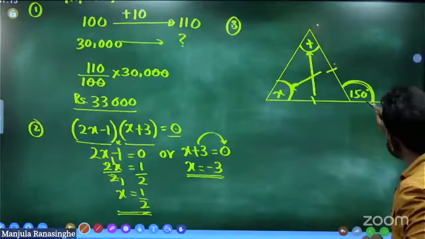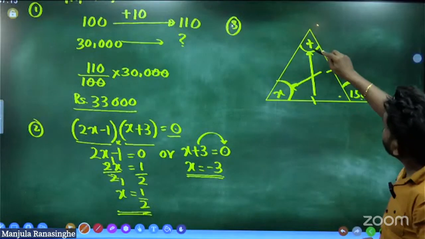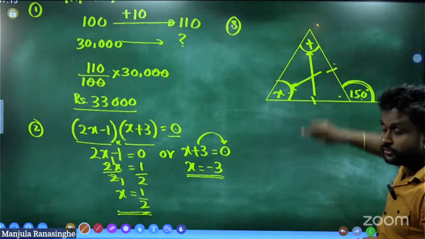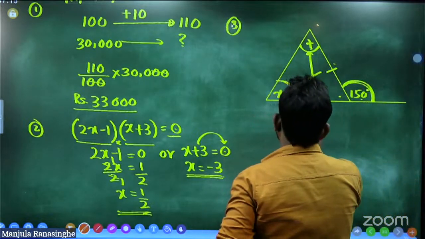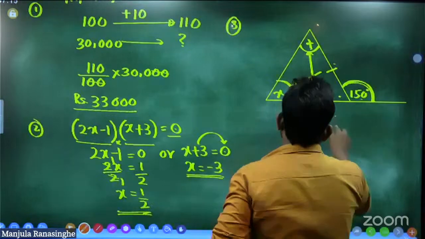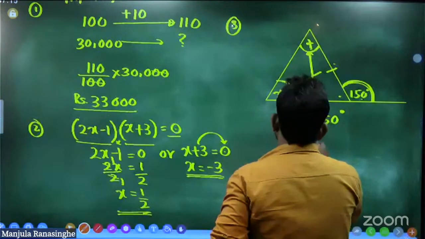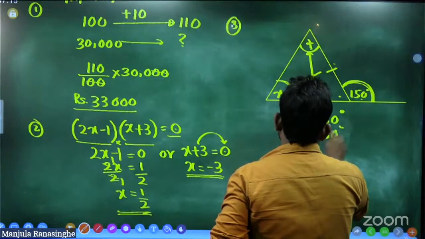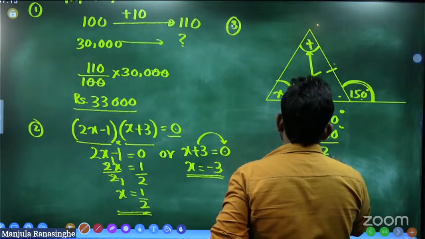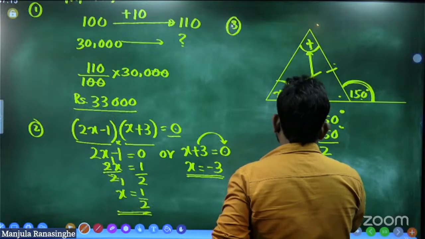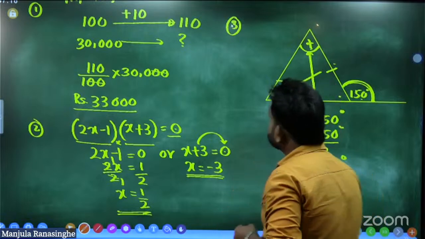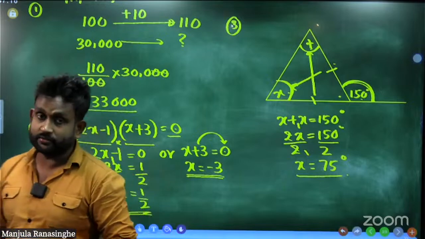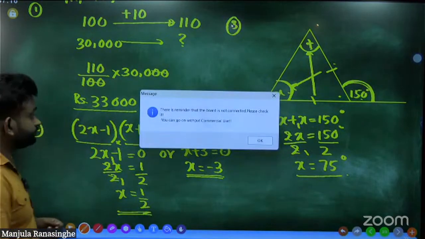The exterior angle equals the sum of the two interior opposite angles. That's the exterior angle theorem. Then you can apply x + x = 150 degrees. So 2x = 150. Just divide by 2 on both sides, then 2 cancelled, x = 75 degrees. That is the answer for the third question.